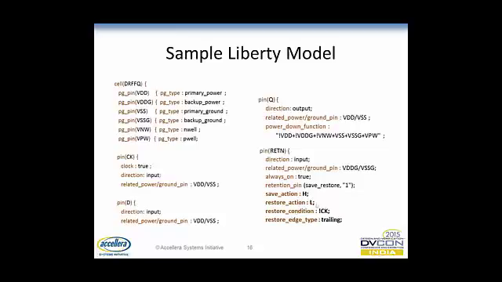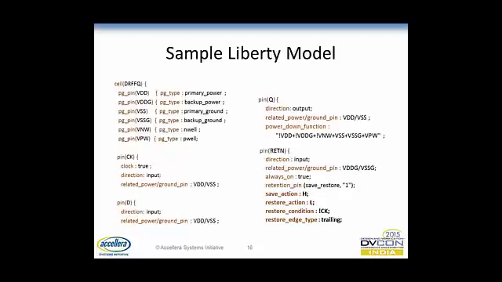And to do a proper restore, there's a restore condition that you need to hold the clock low, and this condition should be met at the time of the restore action. So restore action is not just individual, it's the combination of restore action and restore edge. It's low and then trailing, so when it goes from low to high, that edge is the actual restore event, and at that time we need to ensure that the clock is low.